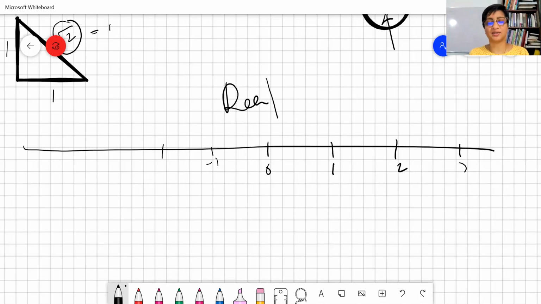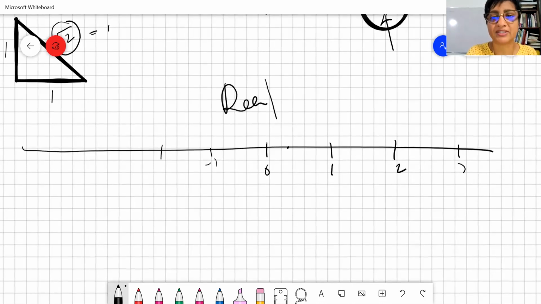All of that make up your real number line. So any point on this line is one of those numbers that I mentioned, and any of those numbers that I mentioned is sitting on this line, and this line is full. There are no empty spots anymore, right? So these are all real numbers.